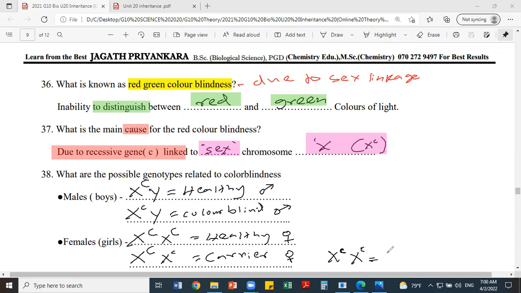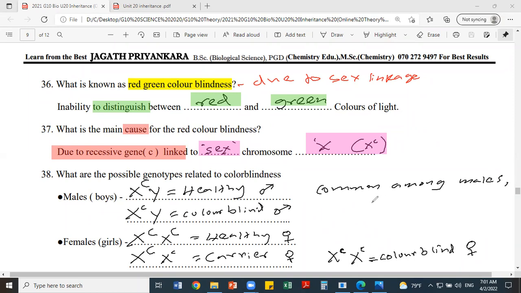So what is simple c? Simple c is a color blind female, a color blind girl. Understood? So if you want to write here, color blindness is common among males, and females are the carriers. It's not a deadly disease.